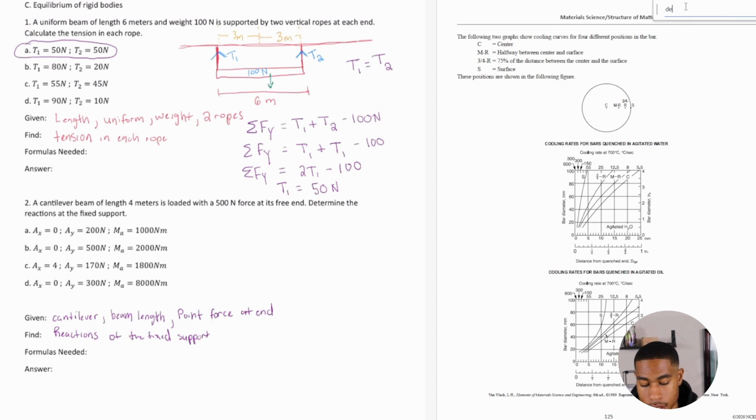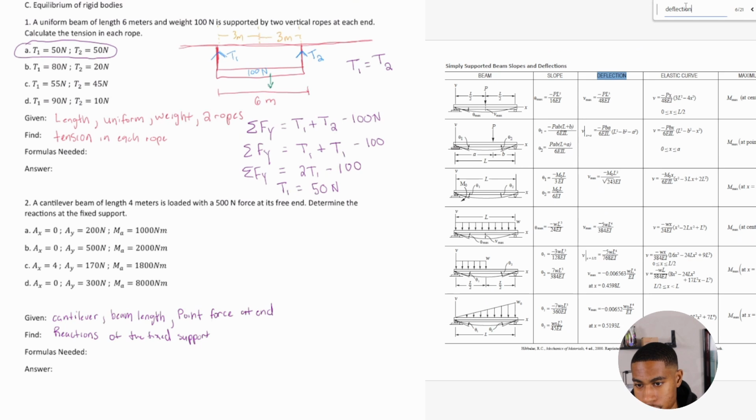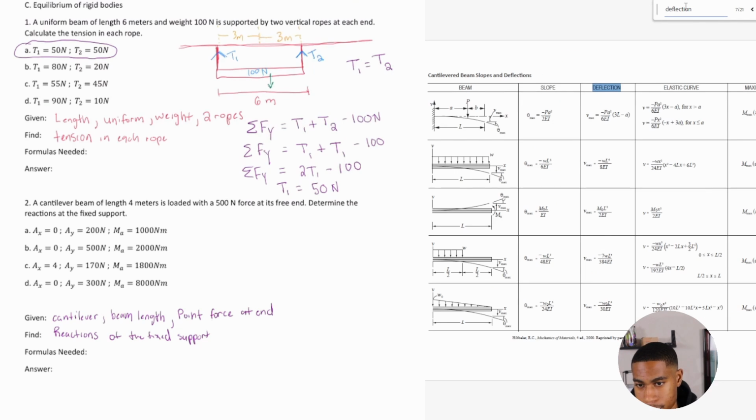But because I know this manual, I can navigate it the way that I would like to. So sometimes when it comes to visuals, the FE manual does have some charts that help you. So I'm searching deflection because I know that for deflection, beams typically come up. Okay, so cantilevered beam. Now why, when I searched it, did it not come up?